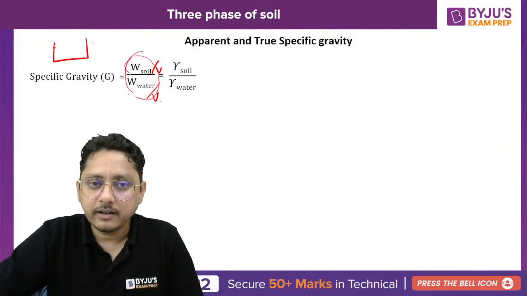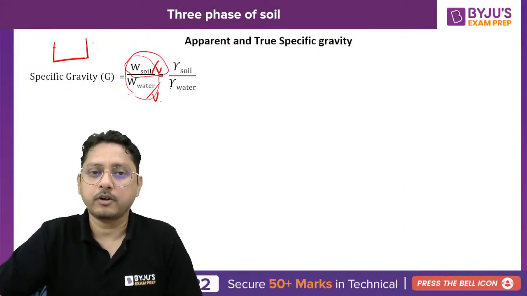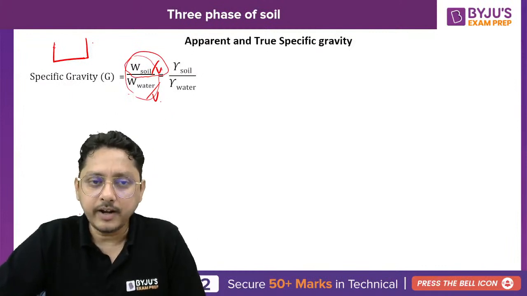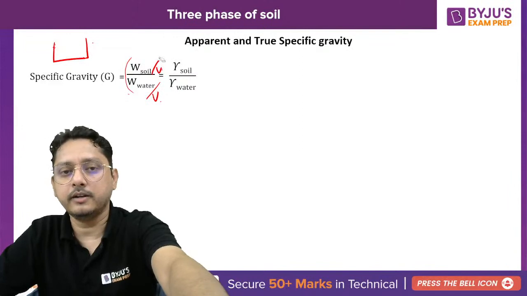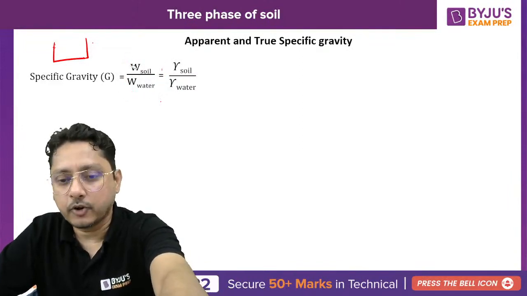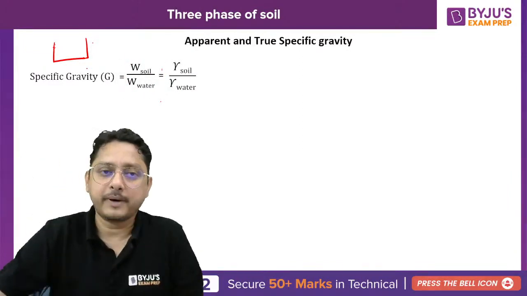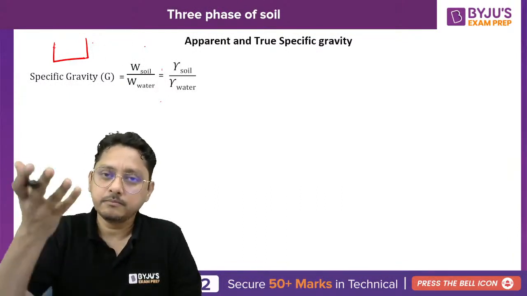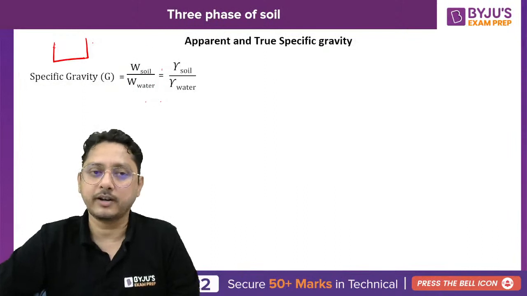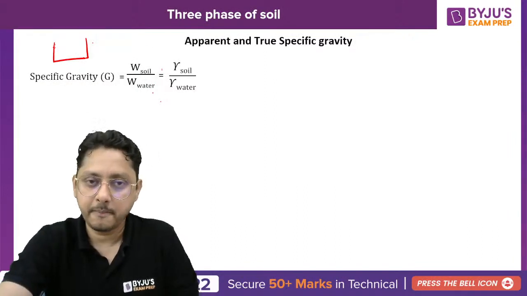Now you can understand. If you are taking the unit weight, then I should not need to say for the same volume. But for understanding purposes, you should remember, for the same volume, take the weight of soil and the weight of water. That is the comparison. The ratio between those two is your specific gravity.